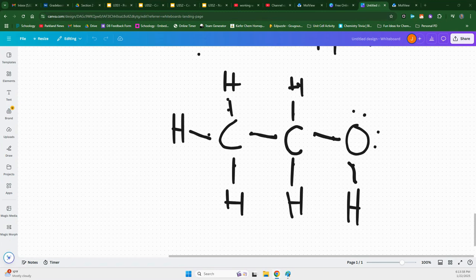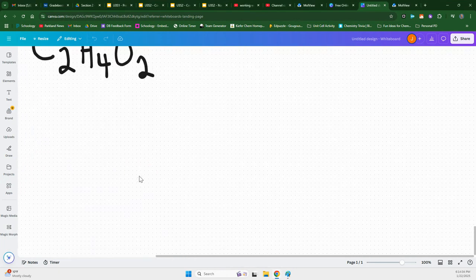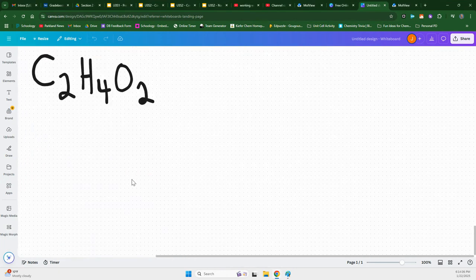Let's take what might be a slightly more difficult or maybe even slightly more easy example down below with C2H4O2. Same steps as before. Let's get our pieces together. Carbon with 4, and we've got 2 of them. We have 4 hydrogens. Taking a little bit longer to load.